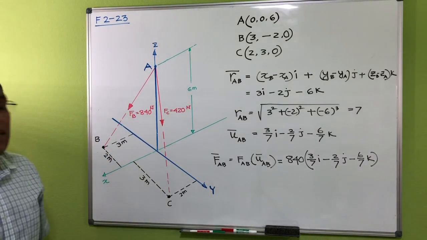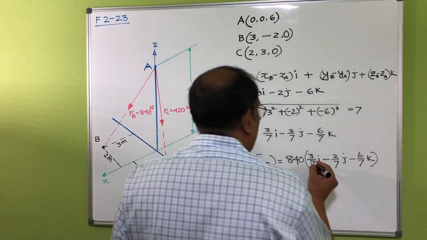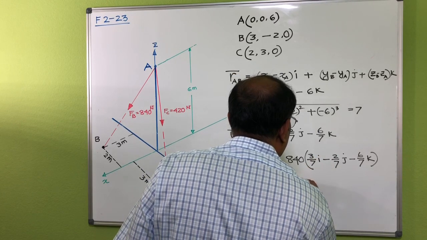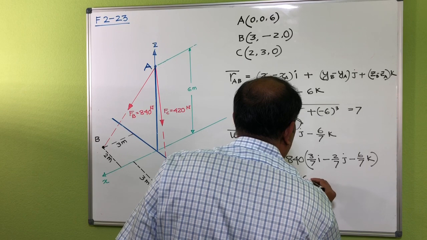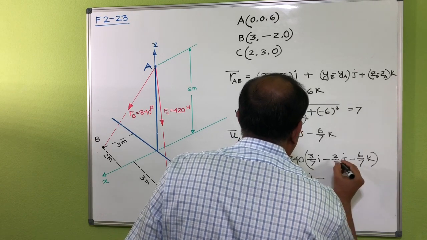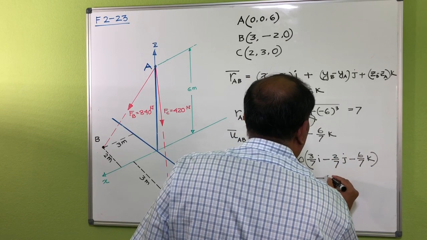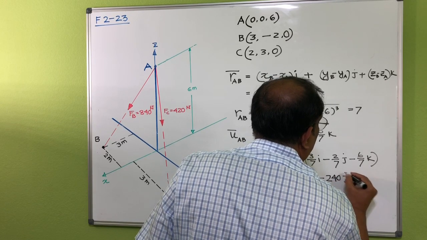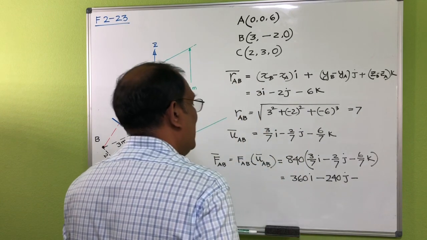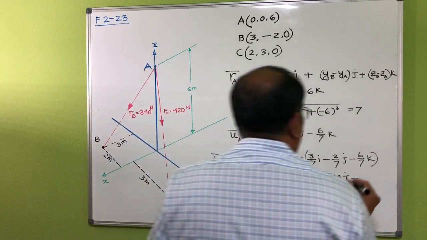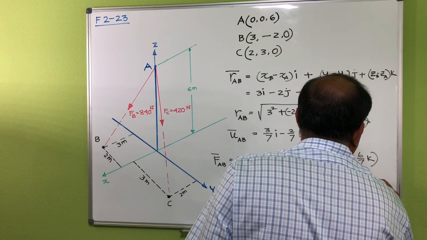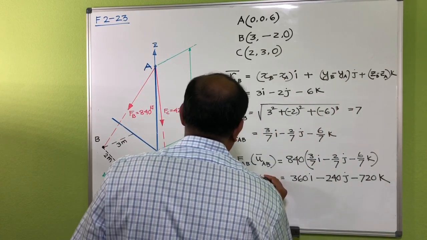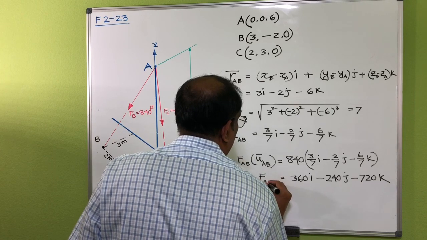If you multiply this by 840, then you get 360i minus 240j minus 720k. That's your force vector AB.